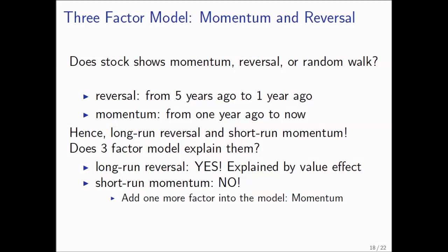If they have been going up last year, then they tend to keep going up, but if they have been going up for a very long stretch of time, they tend to go down, and that's the long-run reversal. The three-factor model kind of explains that, and the value effect captures the long-run reversal, but the short-run momentum is not captured by the three-factor model.